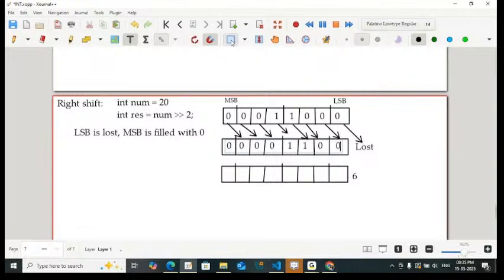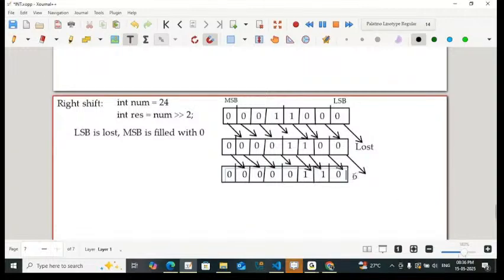So I should perform the right shift another time. Okay, I'll take 24 only, sorry. My mistake, instead of 24 I wrote 20, so I changed the number to 24. So this is 0, 0, 0, 0, 0, 1, 1, 0.